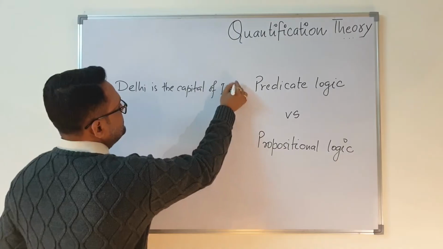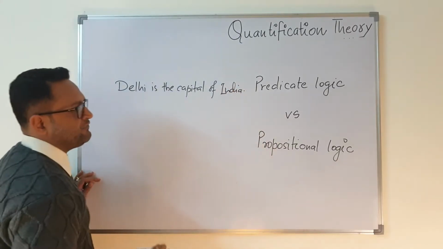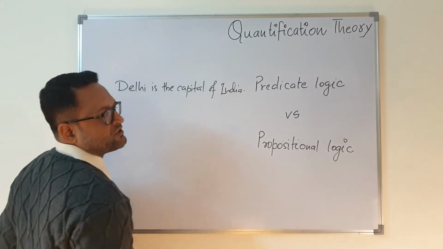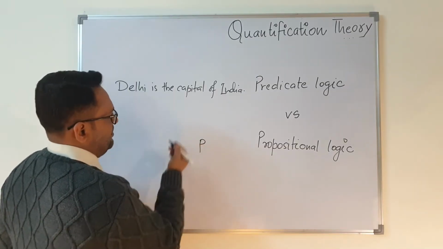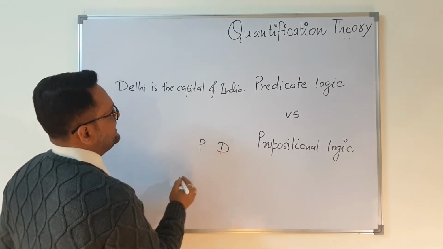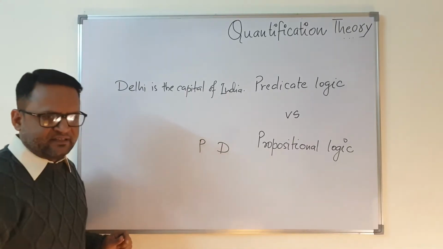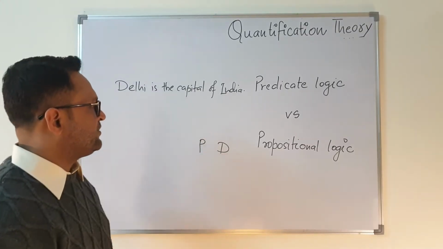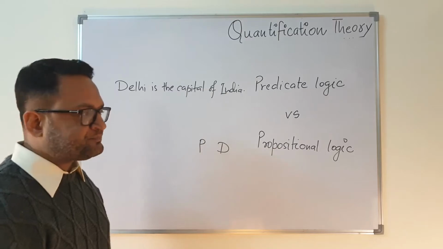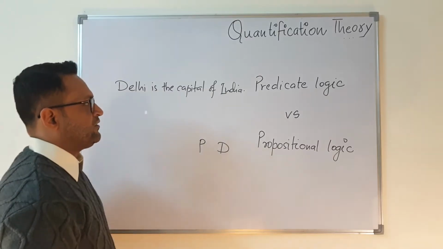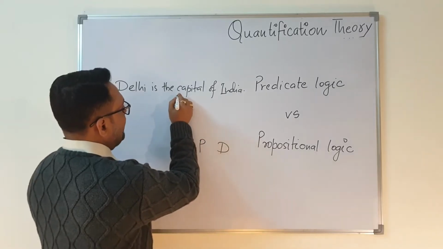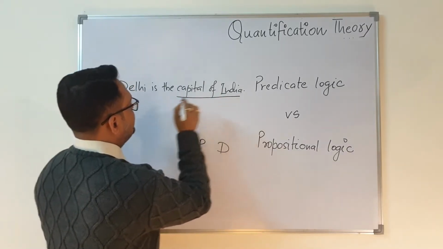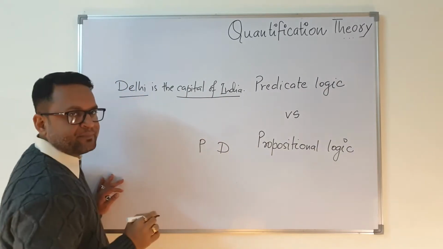Okay, so if we have to symbolize it with the help of propositional logic, we will be symbolizing it like P, or you can always symbolize it as D, because you feel that it is talking about Delhi. But in predicate logic, what we will be doing is that we will take the capital of India as the predicate and Delhi as the subject, right?